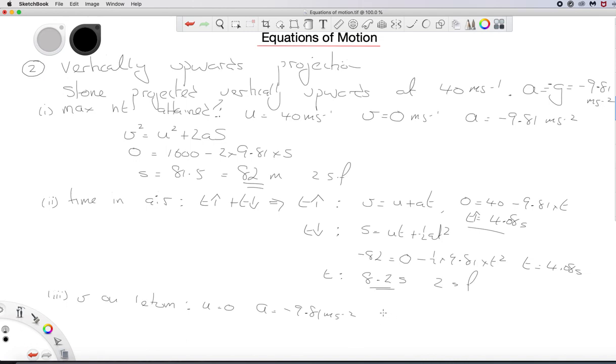And we know it spends 4.08 seconds doing it. So if we used v equals u plus at, we get v to be minus 40 to 2 sig figs.